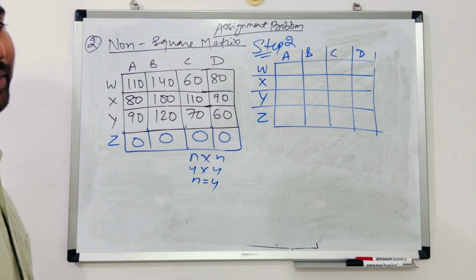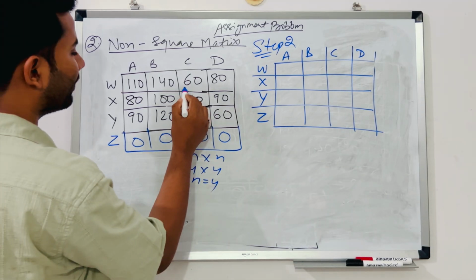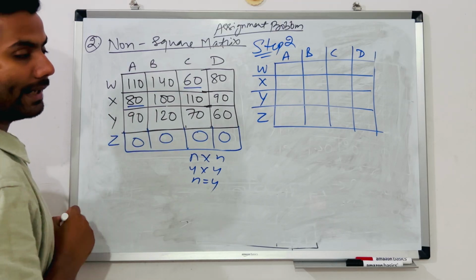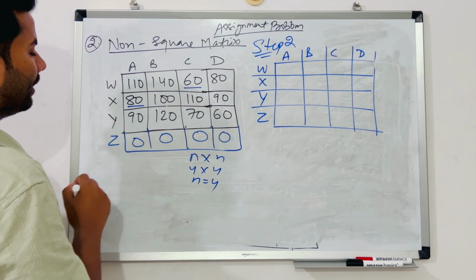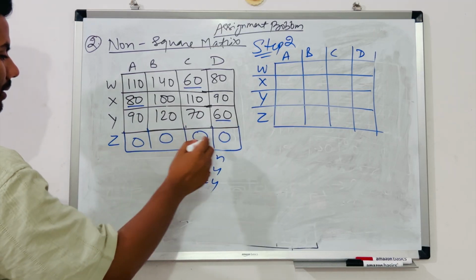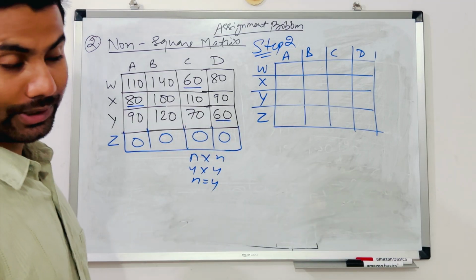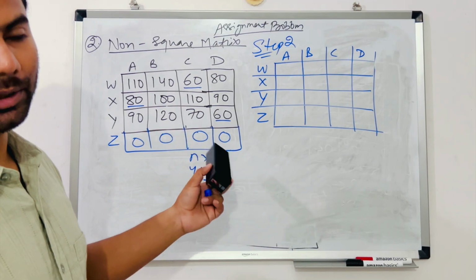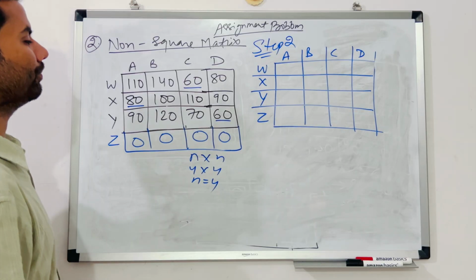The smallest value is 60 in row 1. In row 2, the smallest value is 80. In row 3, the smallest value is 60. And in row 4, the smallest value is 0 and the largest value is also 0, so when we subtract, we get the same values.